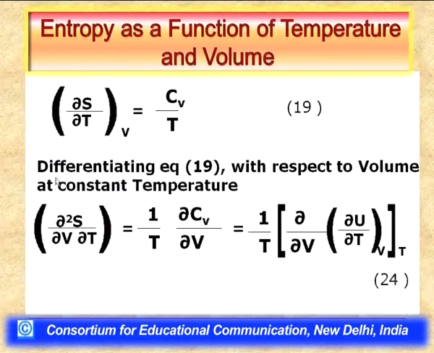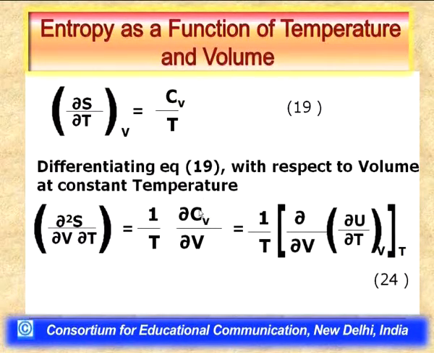First S will be differentiated with temperature as written in equation 19, and then this expression will be differentiated with respect to volume at constant temperature. It means we need to differentiate Cv by T with respect to volume at constant temperature. Since the temperature is kept constant, we can take 1 by T outside and differentiate Cv. What we get is 1 by T delta Cv by delta V at constant T.